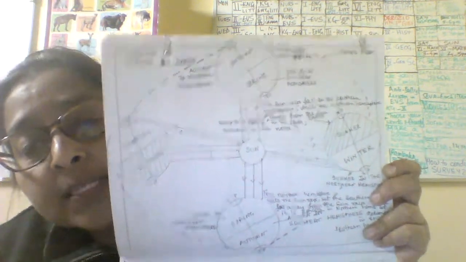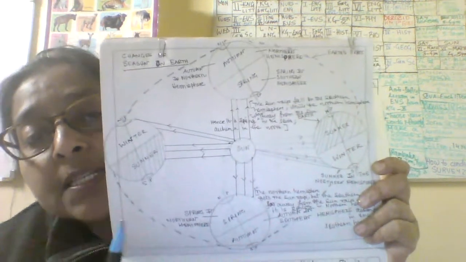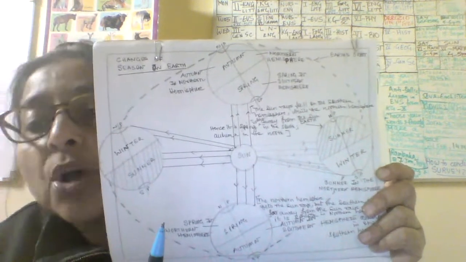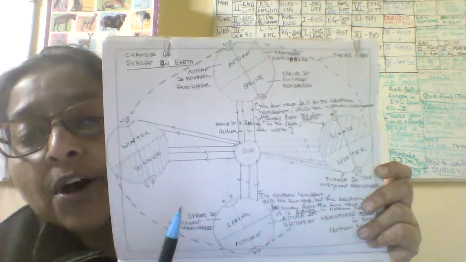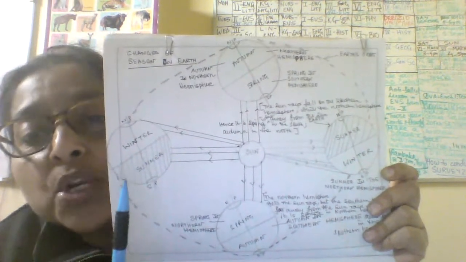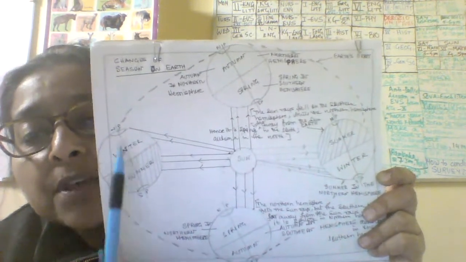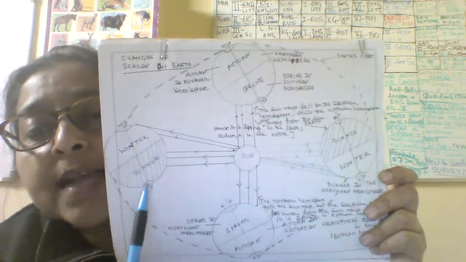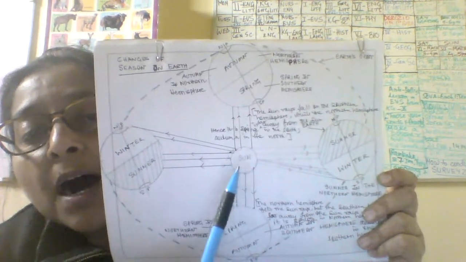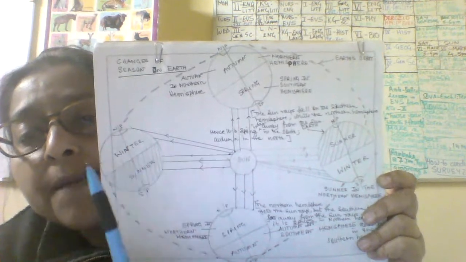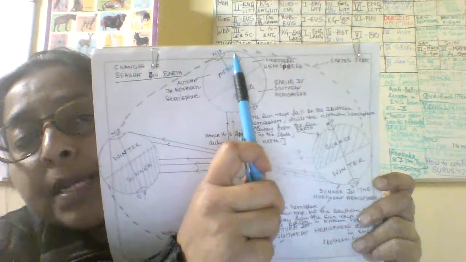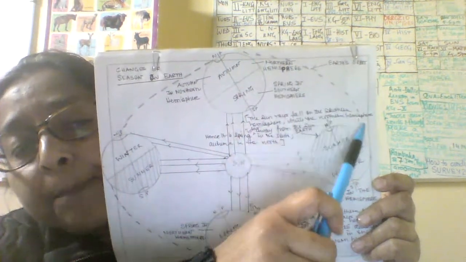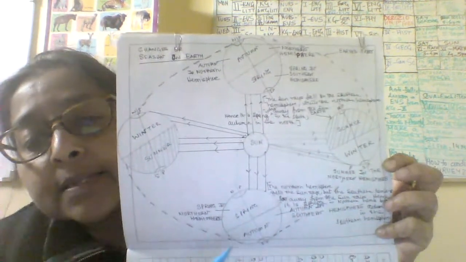So the reason once again for seasons on the earth is the revolution of the earth on its tilted axis around the sun along an elliptical path or elliptical orbit.